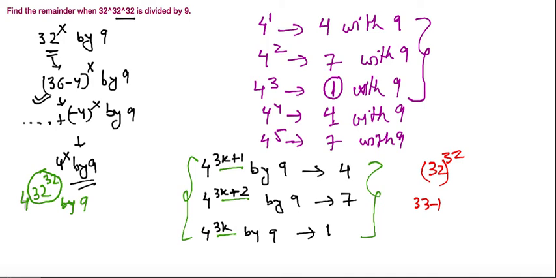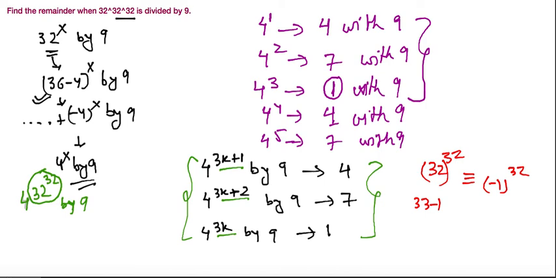So if you actually expand this, all the terms except the last term, which is minus 1 to the power 32, will be multiples of 33, right? In this expansion, all of them except minus 1 to the power 32 are multiples of 3 and are therefore divisible by 3.